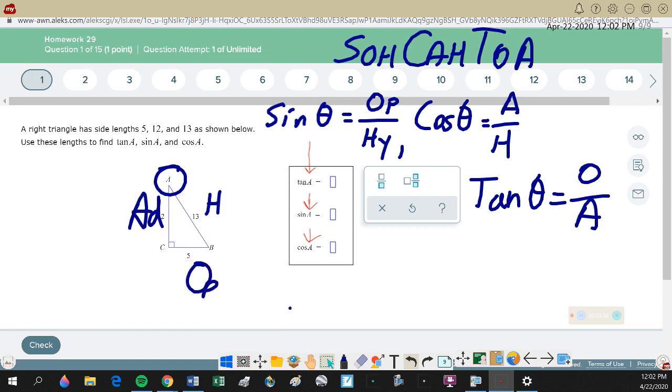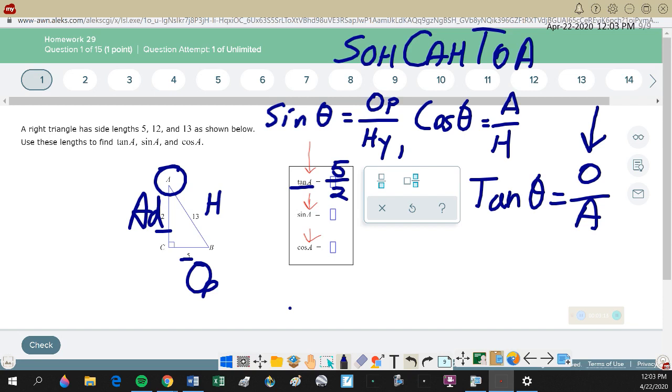So the tangent of A is simply asking, what do you get when you divide the opposite side and the adjacent side? So the opposite side is 5 and the adjacent side is 12. So the tangent of A is just 5 over 12. Okay?